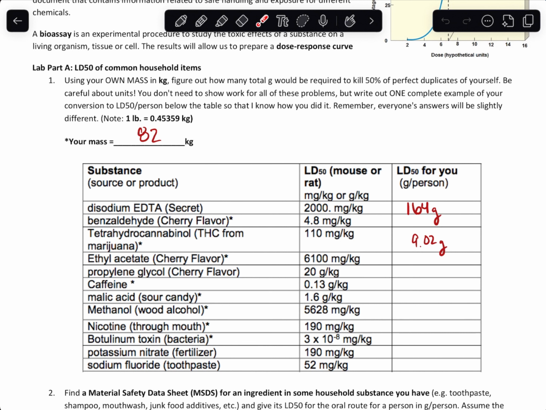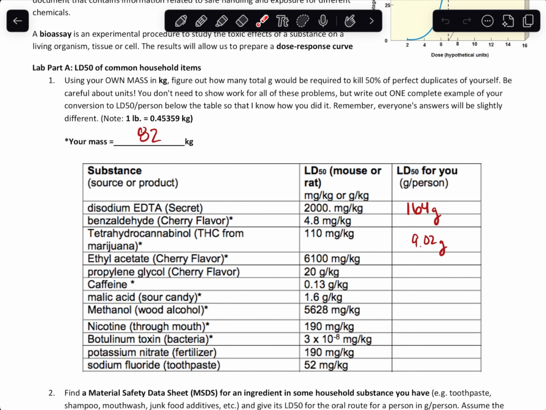Now, the only thing you need to look out for is anything that's in milligrams, because the answer wants to be in grams. Everything that's in milligrams, you do need to divide your answer by 1,000. So when I multiply 82 times 2,000, I will need to divide that by 1,000 to get it into grams.